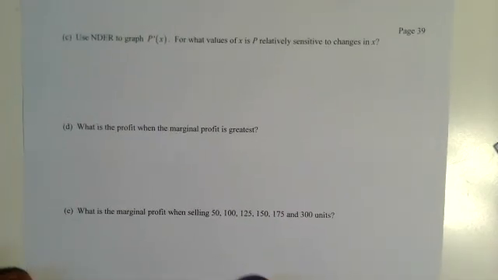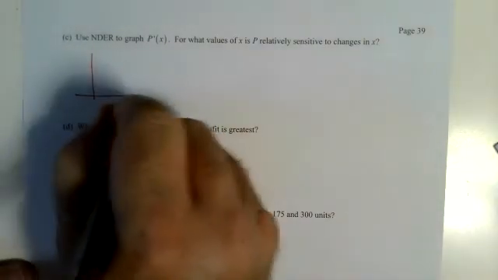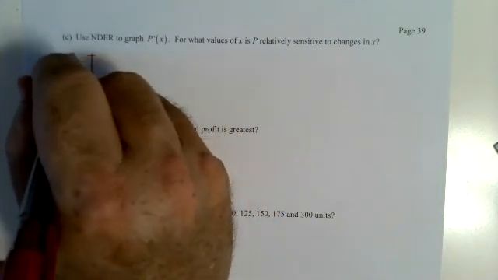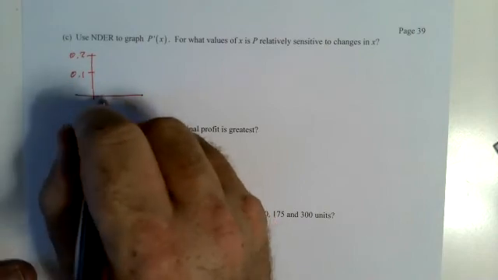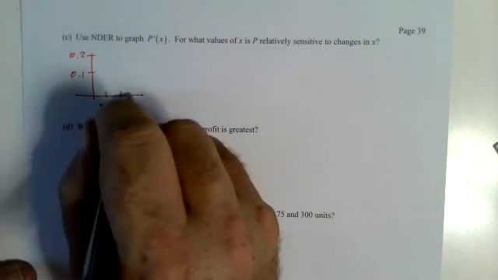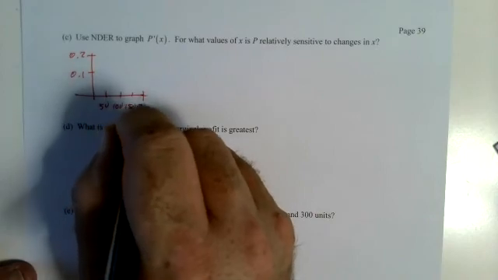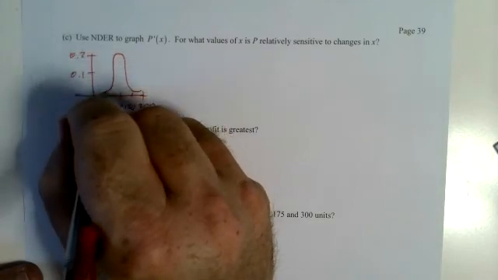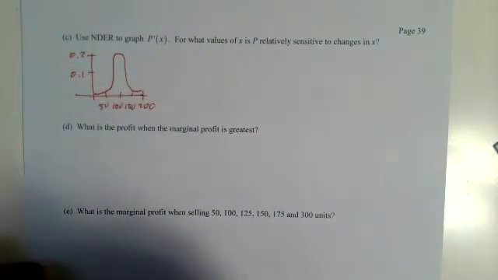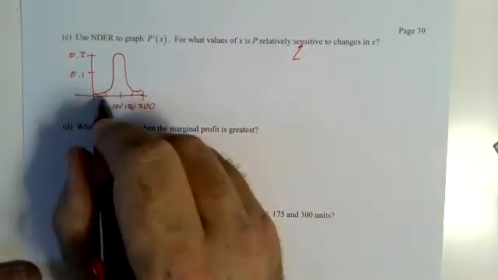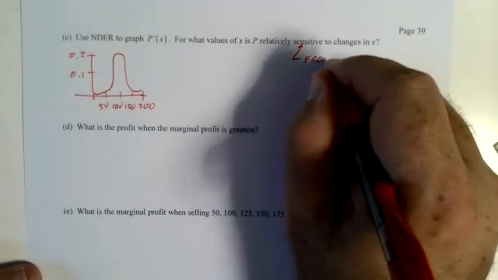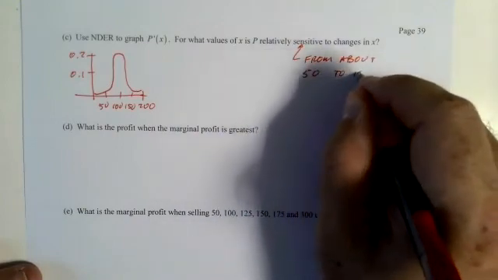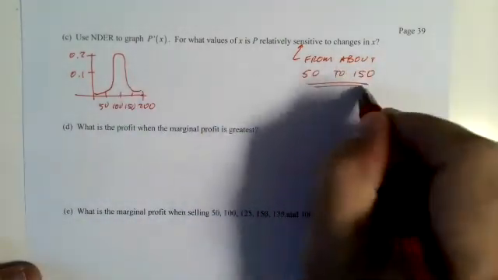The value of x is P relatively sensitive to changes in x. You graph it, you're going to get something like that. And it's relatively sensitive to change from about 50 to about 150 software packages. After that, it's not so sensitive.